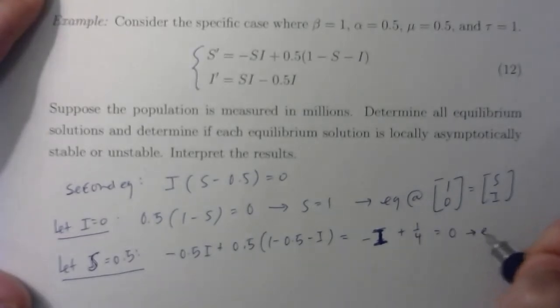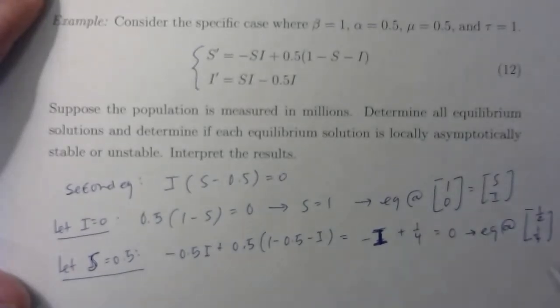So this means I have an equilibrium at s is equal to 1/2 and I is equal to 1/4. Cool. 2 equilibria.